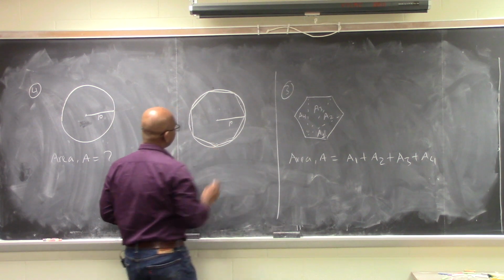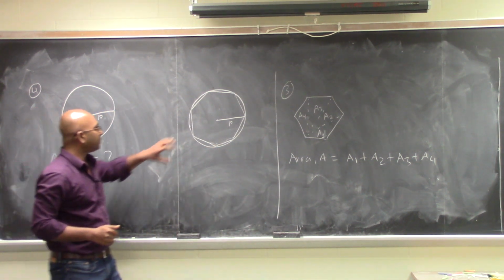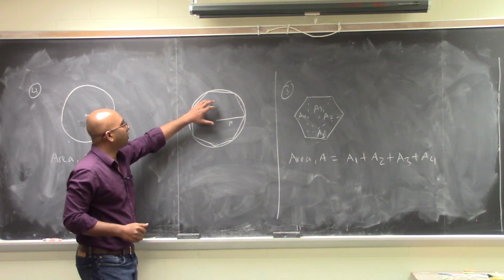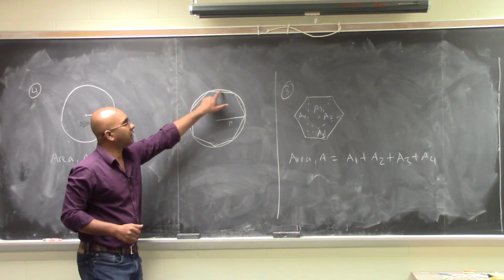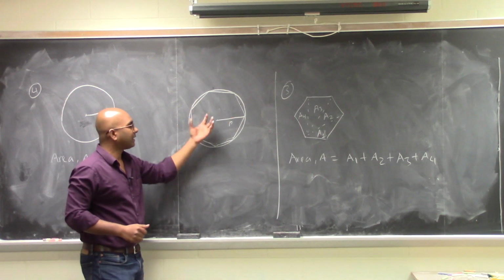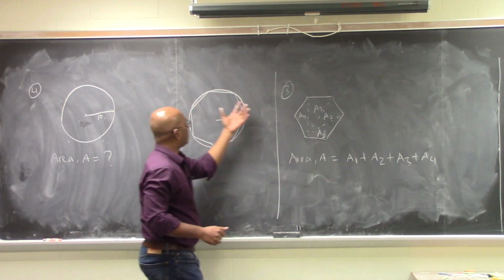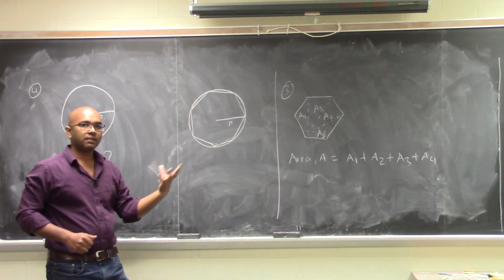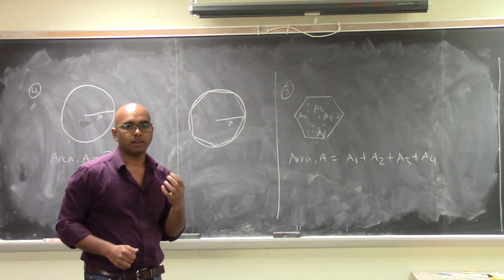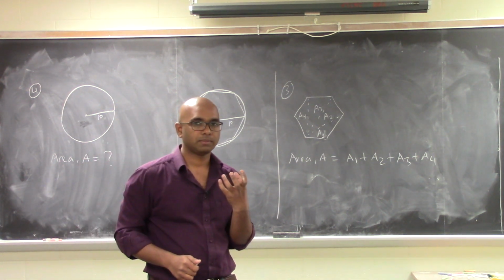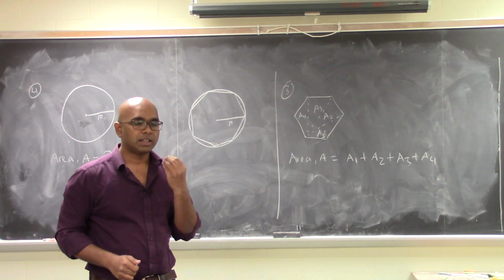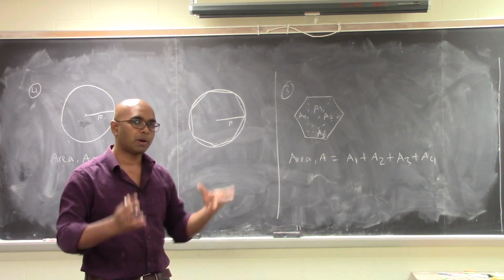Okay, I cannot finish this. But still, you'll see there will be some regions outside of that polygon, right? So I can calculate the area of this polygon using this formula, but still it's not giving me the actual area of the circle. Then how can we actually finish this process?